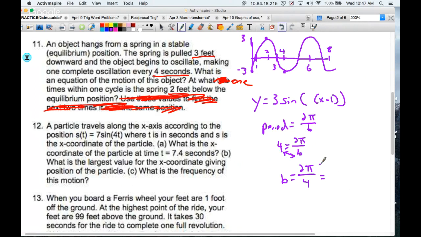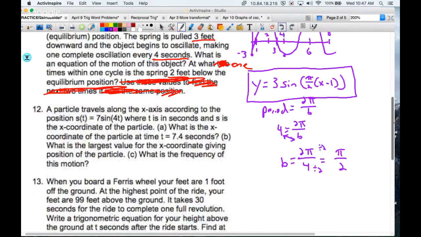Divide the top and the bottom by 2. And I'll get b equals pi over 2. So pi over 2 right here. And no k value, the midline is at 0. This hasn't been shifted up or down at all. All right, so that's a good equation for what we wanted.